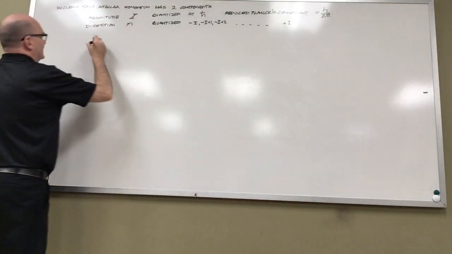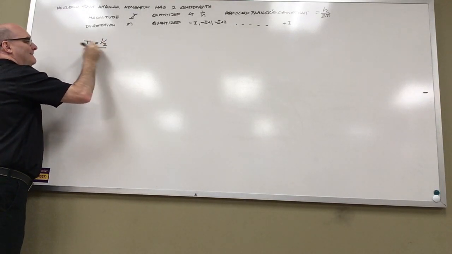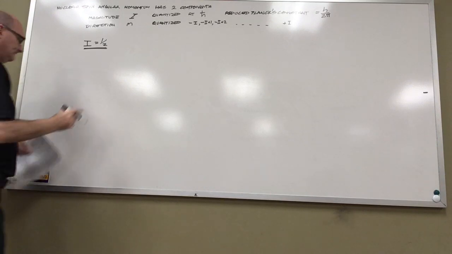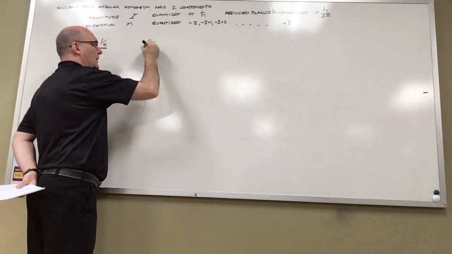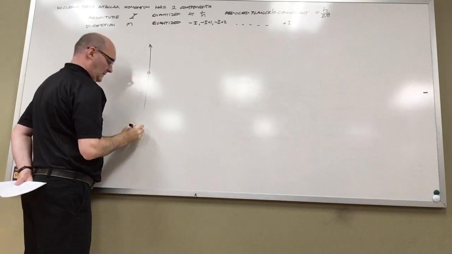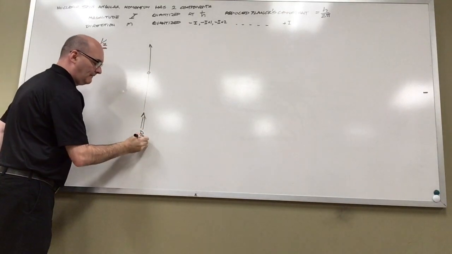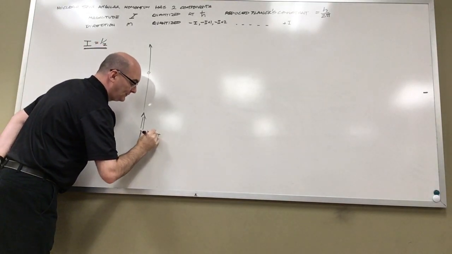Let's look at our most useful case, when you have a spin half nucleus. I have a nucleus. I have an axis right here that lines up with my external magnetic field.